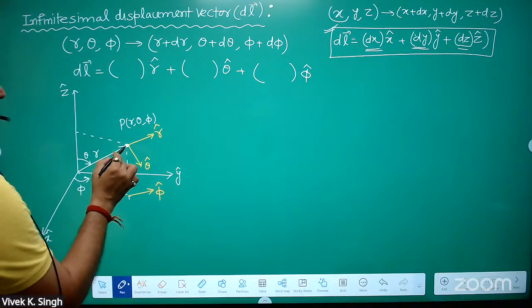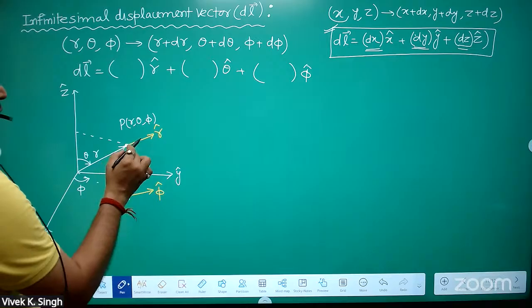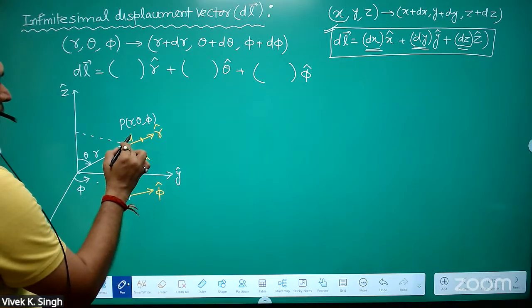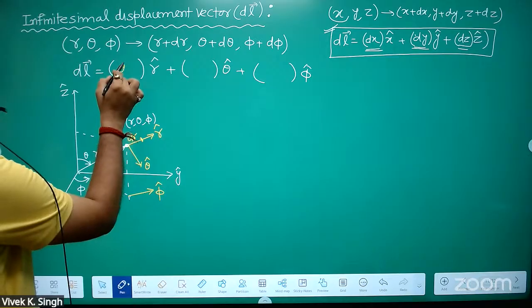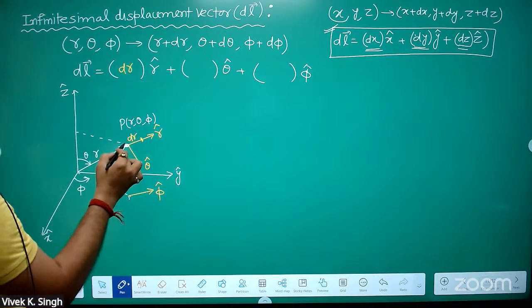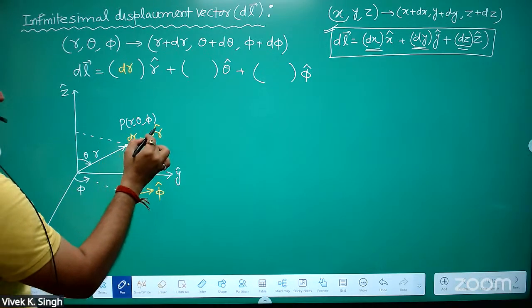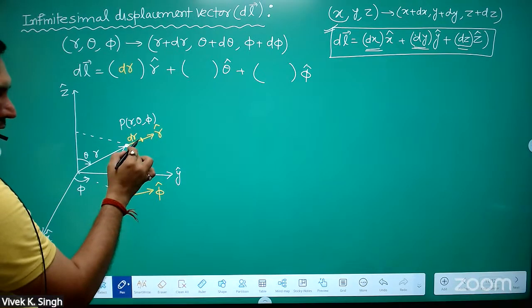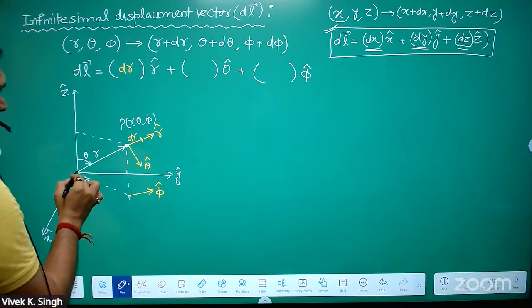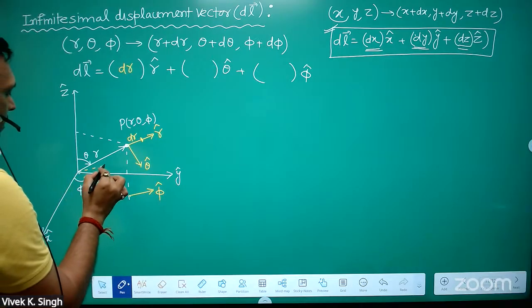So what will be the change along r cap? You can see this change along r cap will be simply dr. So you can write this term to be dr. This is r, so r changes by dr. If theta changes by d theta, let's see.